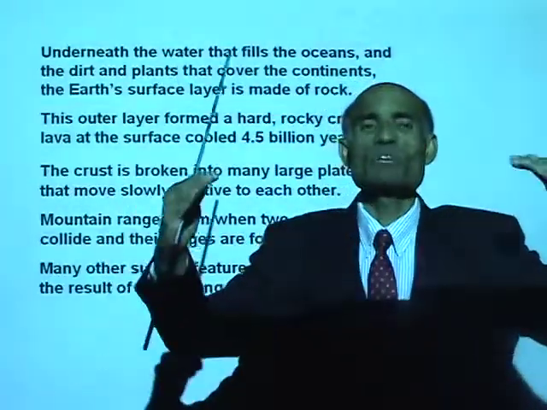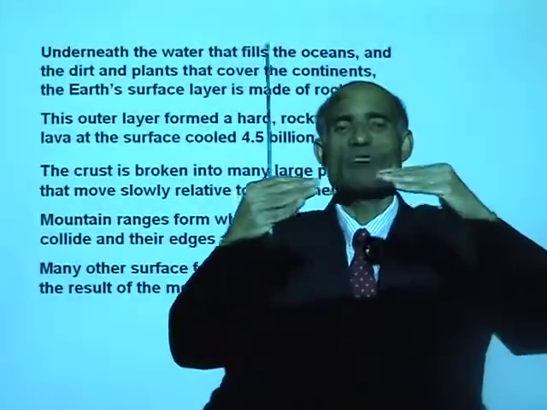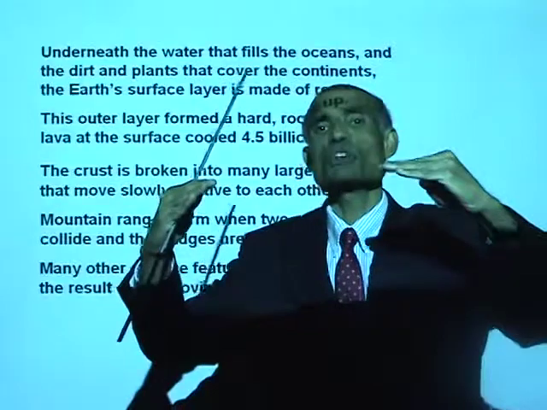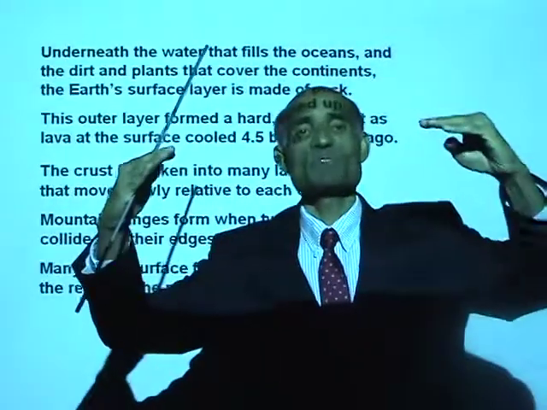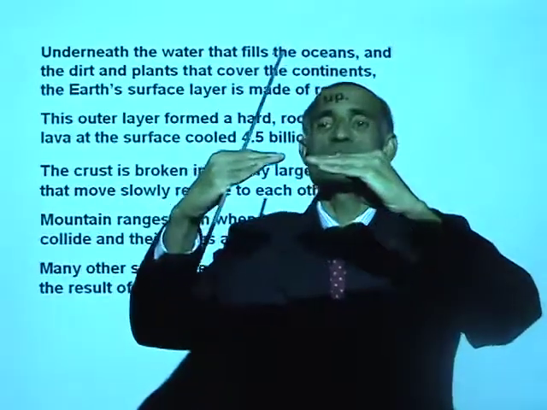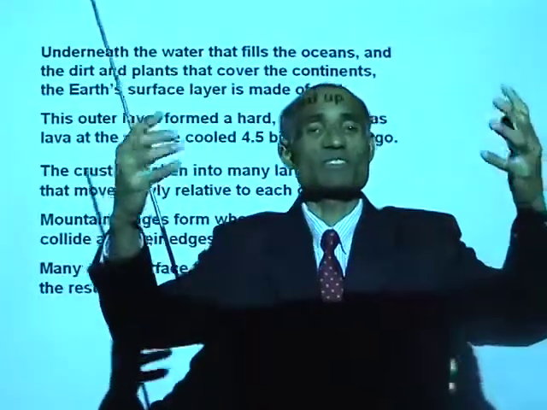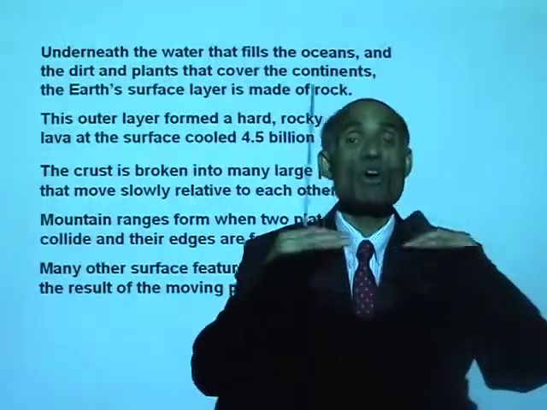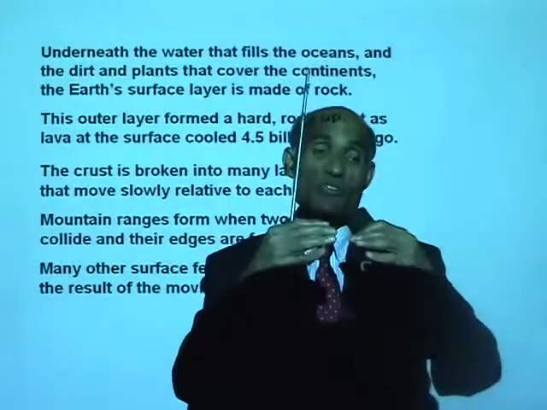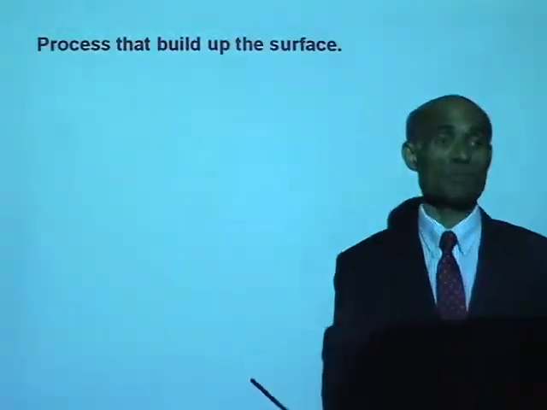What happened when these plates moved towards each other, didn't we? We talked about what happens when continental plates and oceanic plates converge. What happens when continental plates converge to a continental plate? In fact, all these surface features are the result of the movement of these plates against each other or sliding each other and so on.